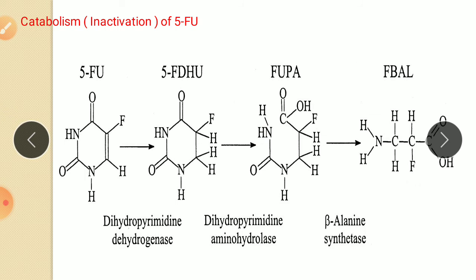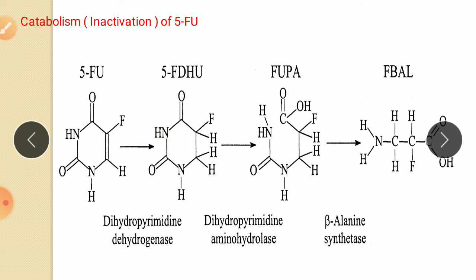It forms 5-fluorodihydrouracil, this product. Then after that there is hydrolysis, so this bond is broken, and then OH is added here, hydrogen added here, so it becomes an acid, that is fluoroureidopropionic acid. Here there is a hydroxyl, this bond is broken, and a water molecule is added.